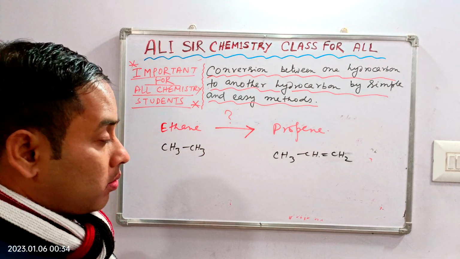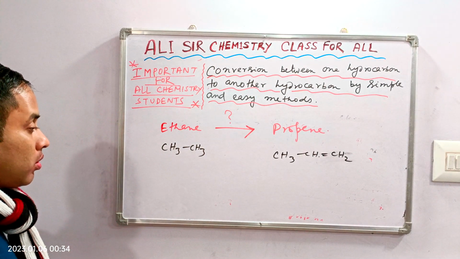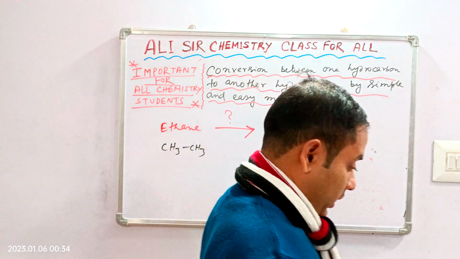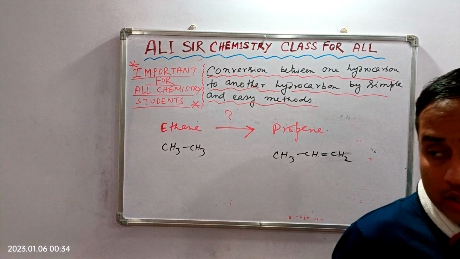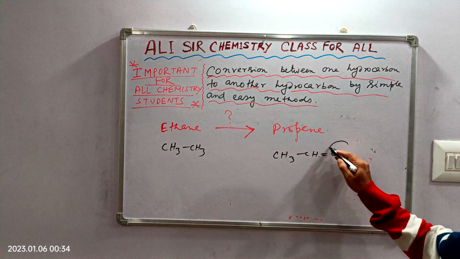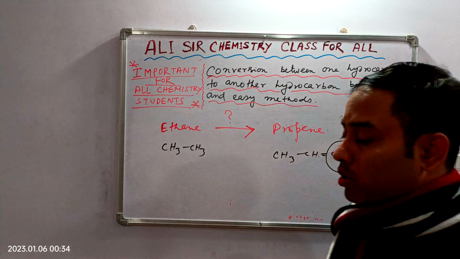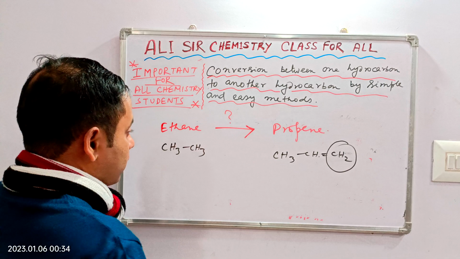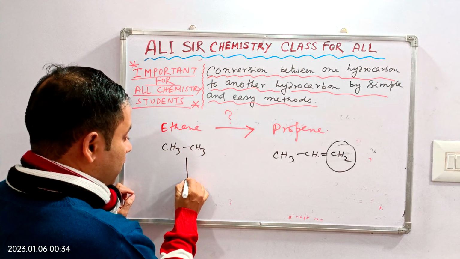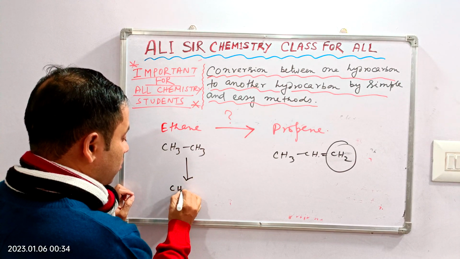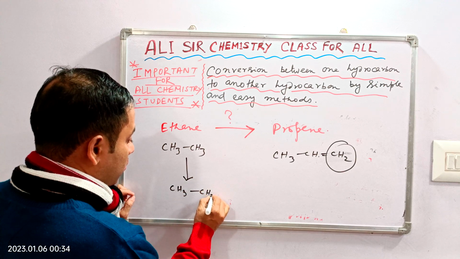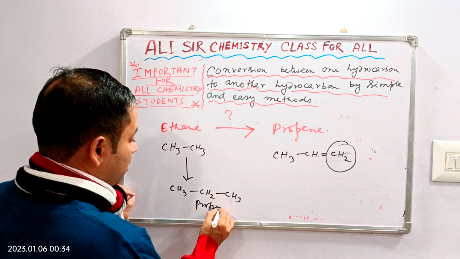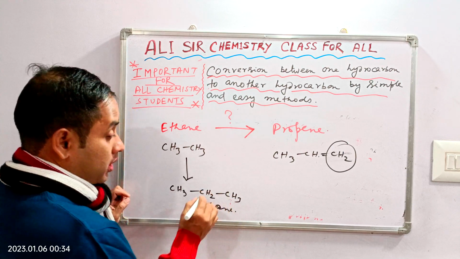Now, first question. Whatever comes to your mind is how we can increase the number of carbon atoms. So to increase the number of carbon atoms, we have to move from ethane to propane. Okay, understand?